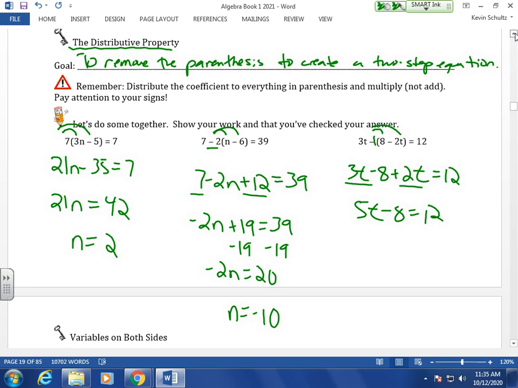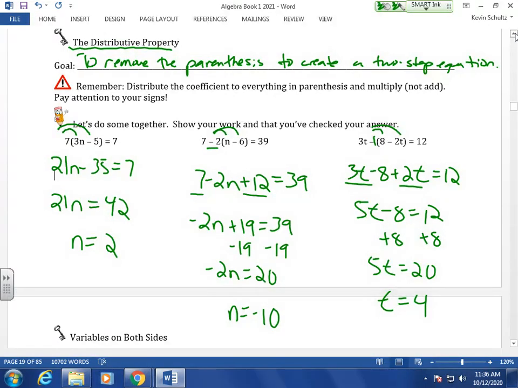Start with that constant, add 8 to both sides, 5t equals 20, divide by the coefficient, 20 divided by 5, our value for t is 4. Okay? Well done, folks. I try to set some traps for you, but you got your way through them pretty easily. Questions on that? Okay.